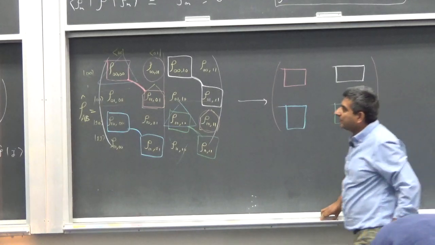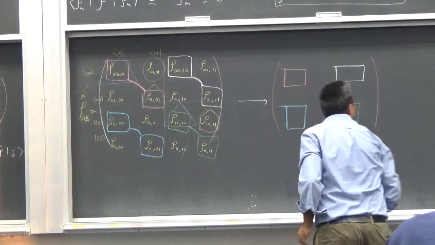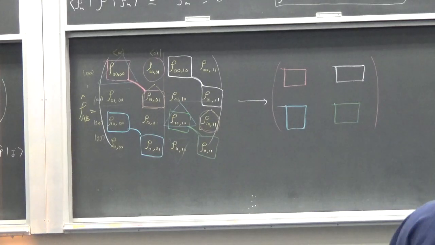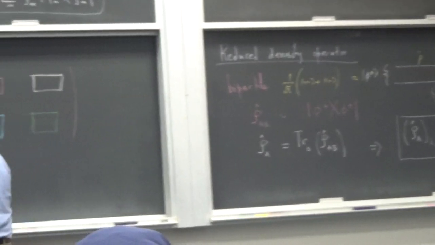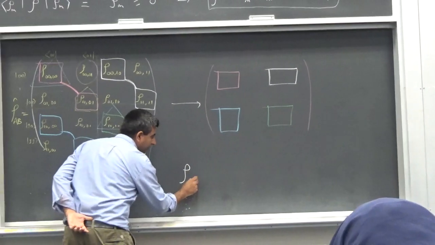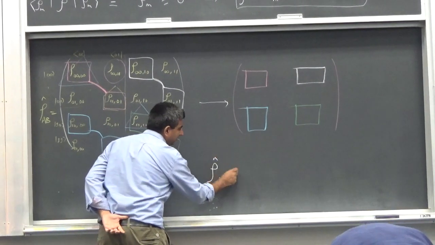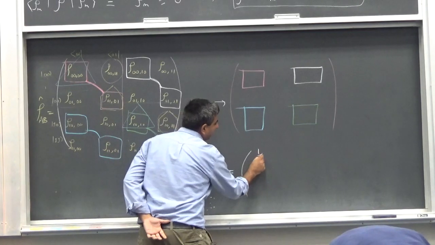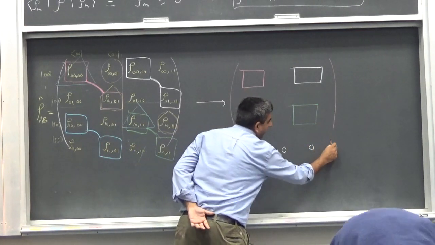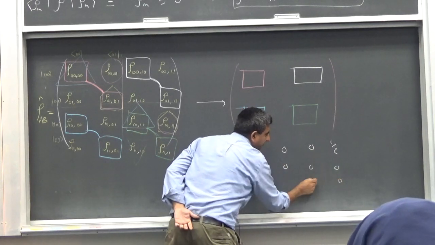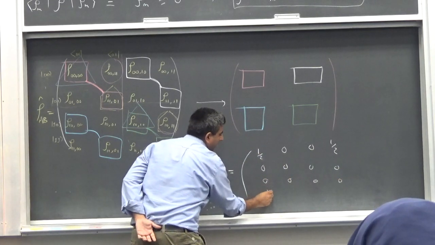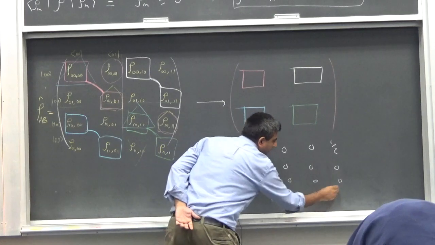Now if I were to look at my entangled state, this state over here, which is rho AB, is my entangled state, pure, perfectly pure. Half, 0, 0, half, 0, 0, 0, 0, 0, 0, 0, 0, half, 0, 0, half.